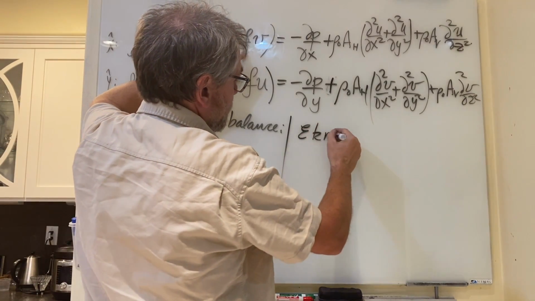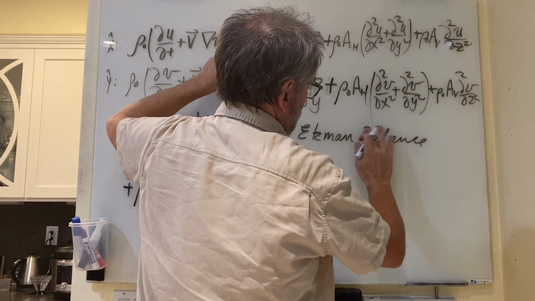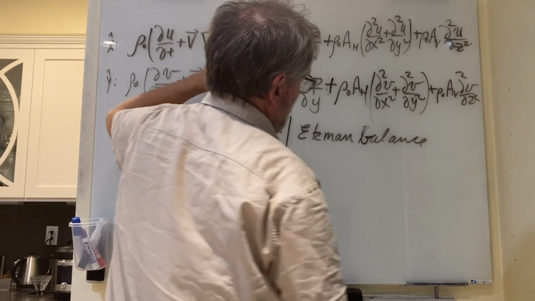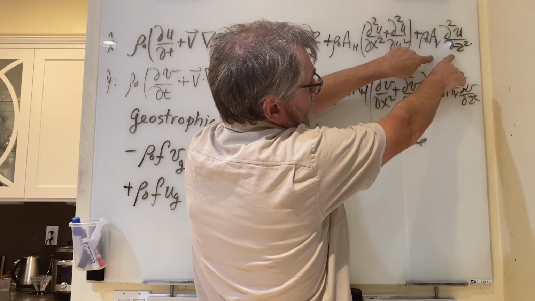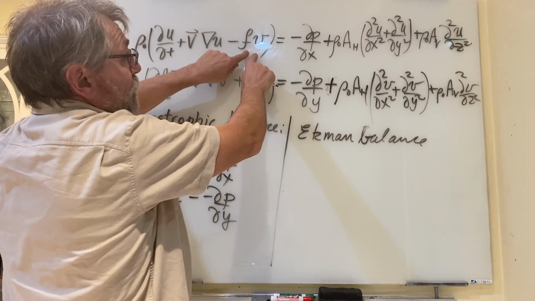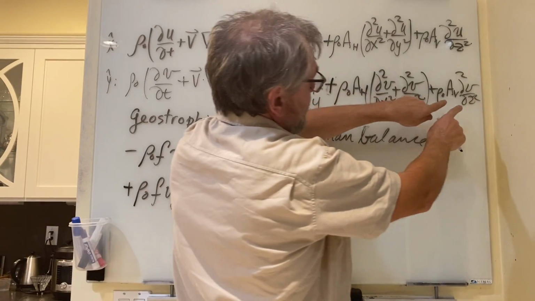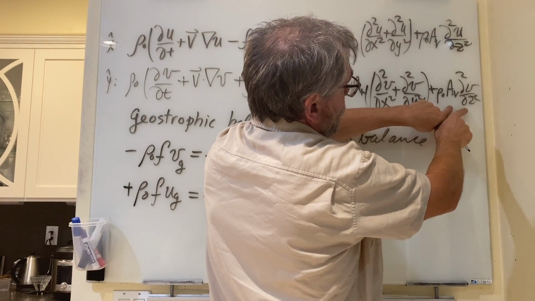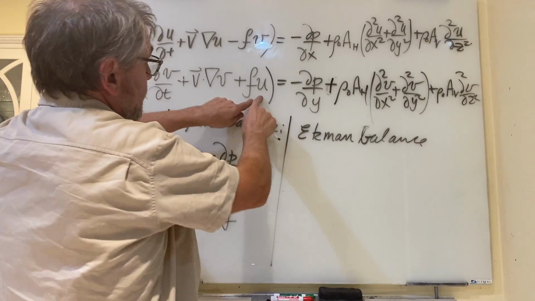So the Ekman balance is where this vertical diffusive flux divergence of momentum balances the Coriolis force due to the Ekman velocities, and where this same thing, this vertical diffusive flux of momentum of the Ekman velocities is going to balance this Coriolis force.